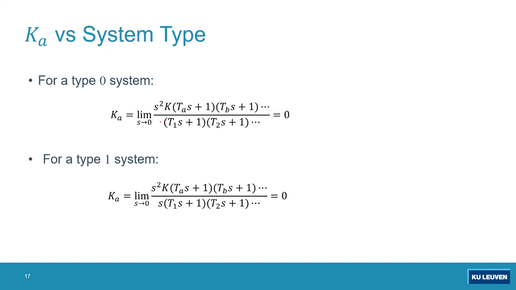Because of the absence of poles that are equal to 0 in our type 0 system, the static acceleration error constant will be equal to 0 if we substitute 0 to all of the s's in this equation, right? Similarly, for type 1 system, the Ka will also be equal to 0, right? Because we only have one pole that is equal to 0 in our type 1 system.